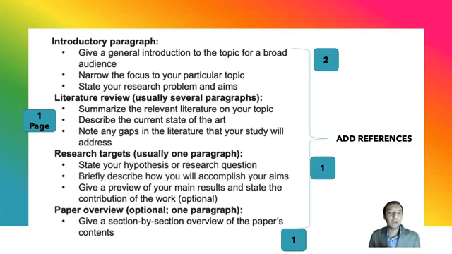This is actually the explanation of our third point, stating your research problem and aims. But here we write in detail, like we write our hypotheses, our research question, why we started this research, and here we can write a bit of detail about the motive behind it.